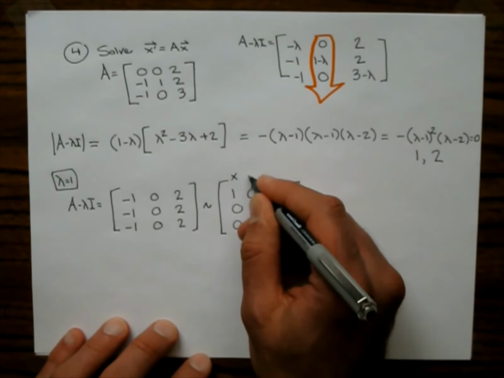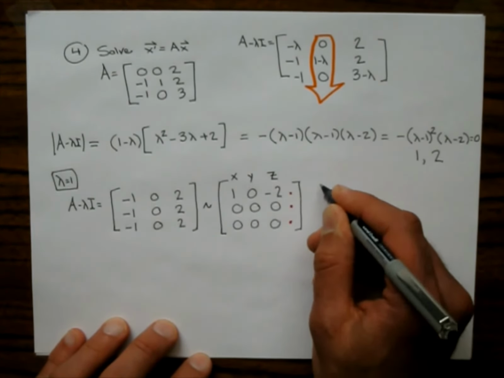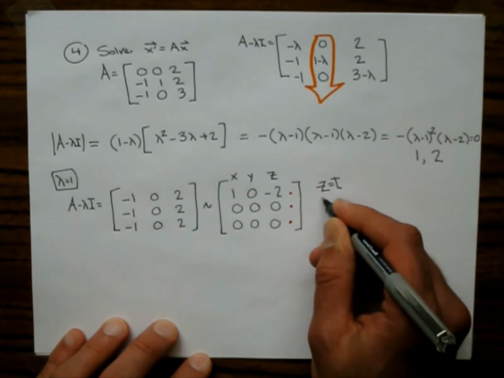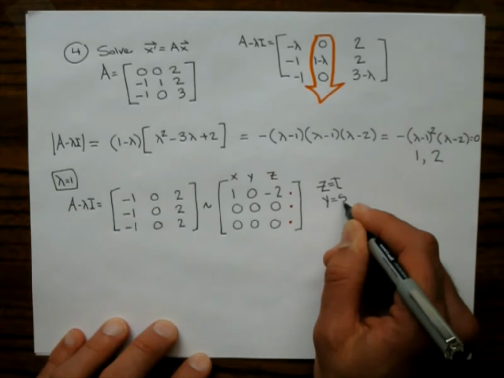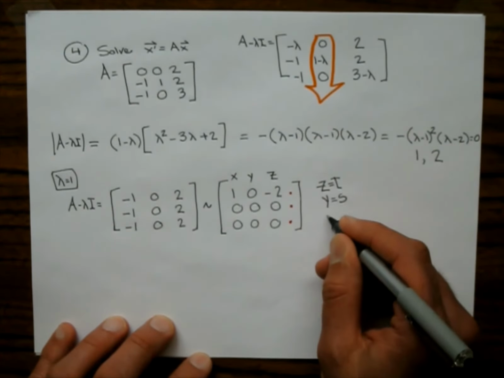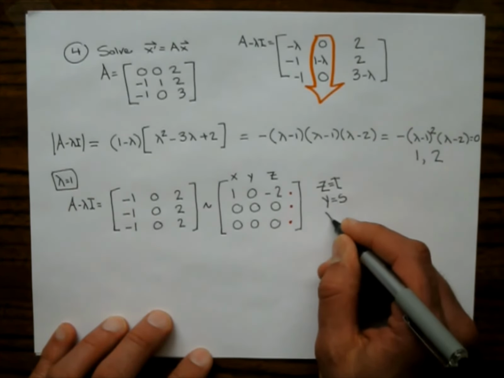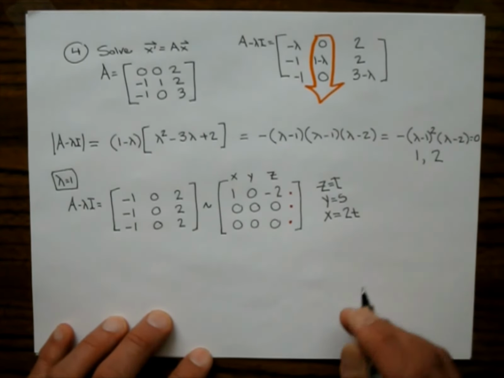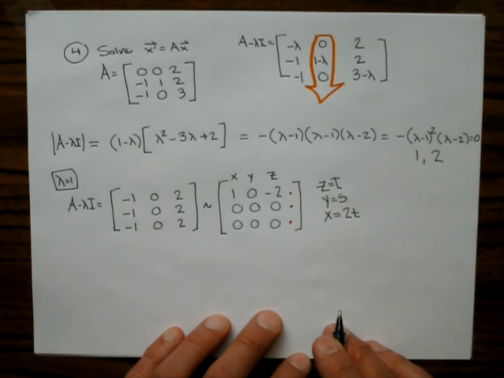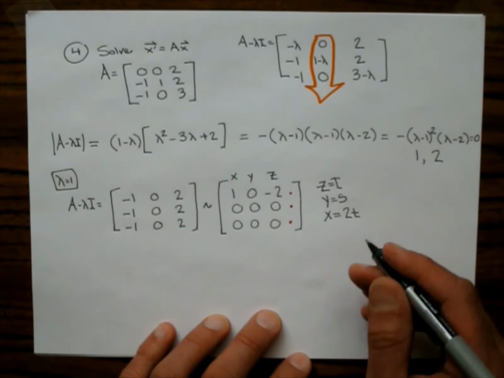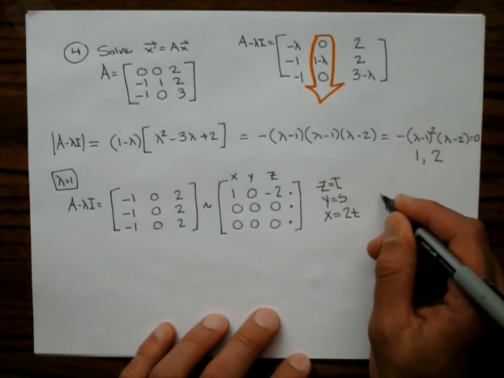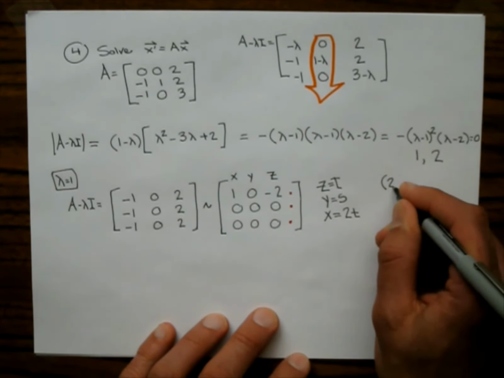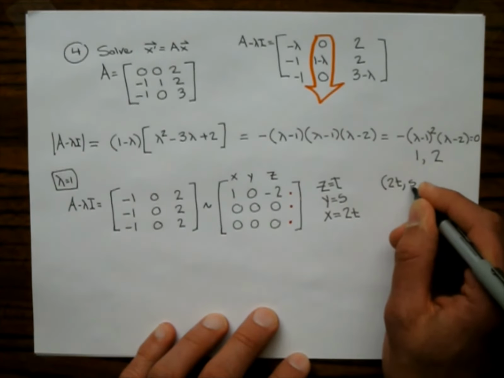Here's x, here's y, here's z. Z is t, y is s, and the first equation gives us that x equals 2t. So the set of eigenvectors that goes with this eigenvalue would be 2t, s, t.